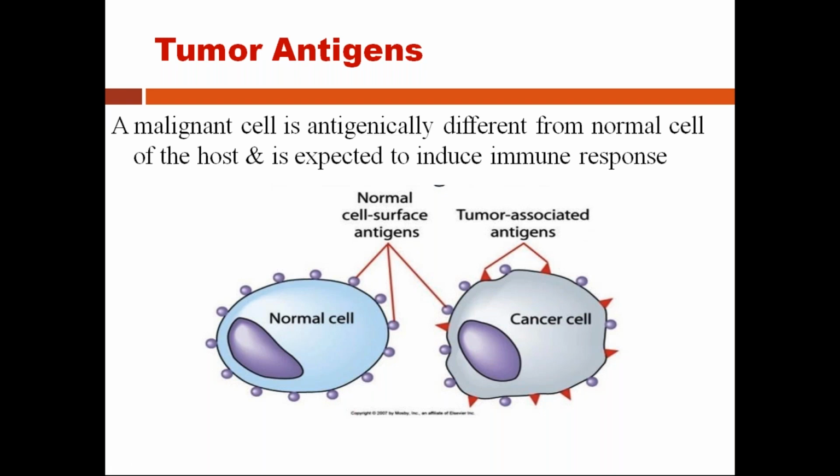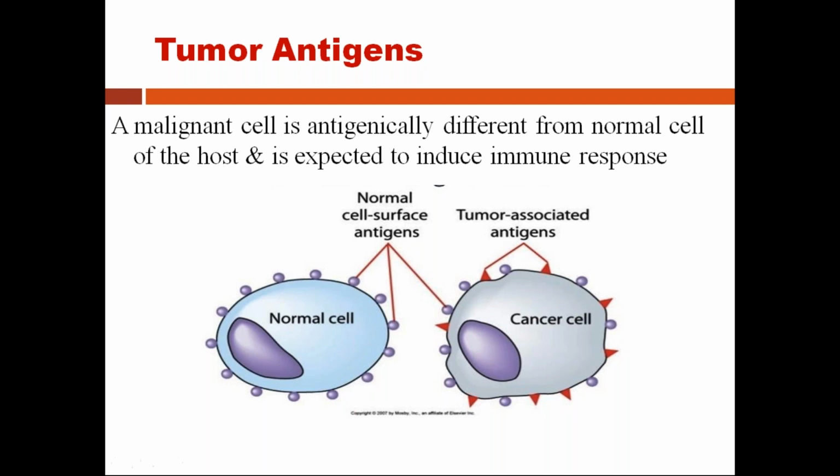You all know about the immunity in our body. You have the innate immunity and you have the adaptive immunity. So it is the adaptive immunity which is triggered in the body following entry or formation of any foreign antigen in the body.